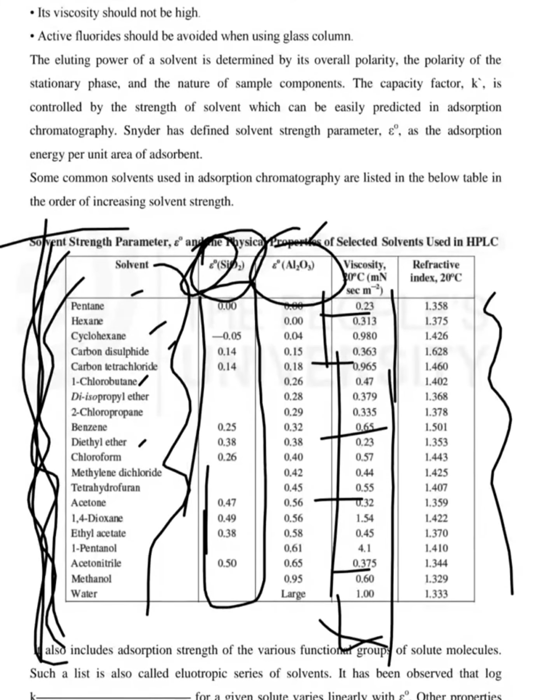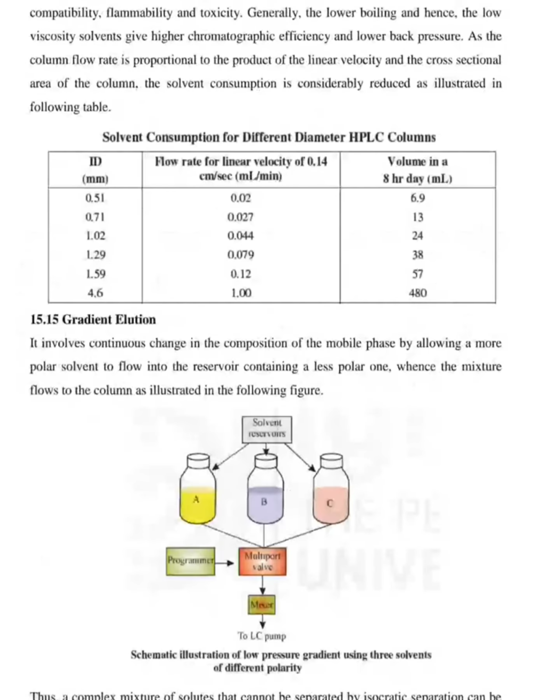And next, this is the column diameter in different millimeters, and the flow rate, or linear velocity, means the flow rate of the eluent here, 0.02 milliliter per minute.